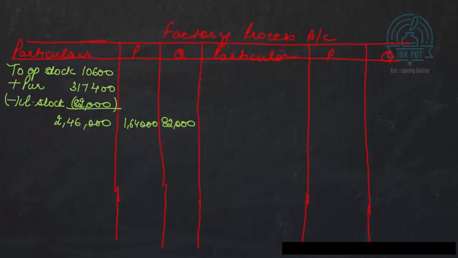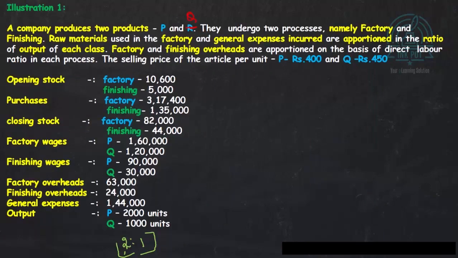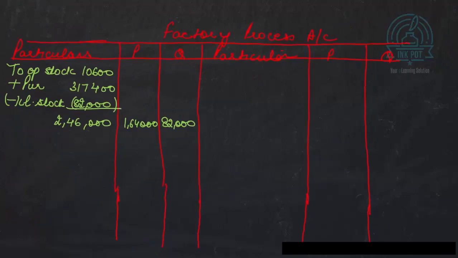Now the other expenses, we are given with the factory wages of P and Q, 160 and 120. So write here 160 and 120 to factory wages. All factory expenses will be shown in factory process, and finishing expenses in finishing process.